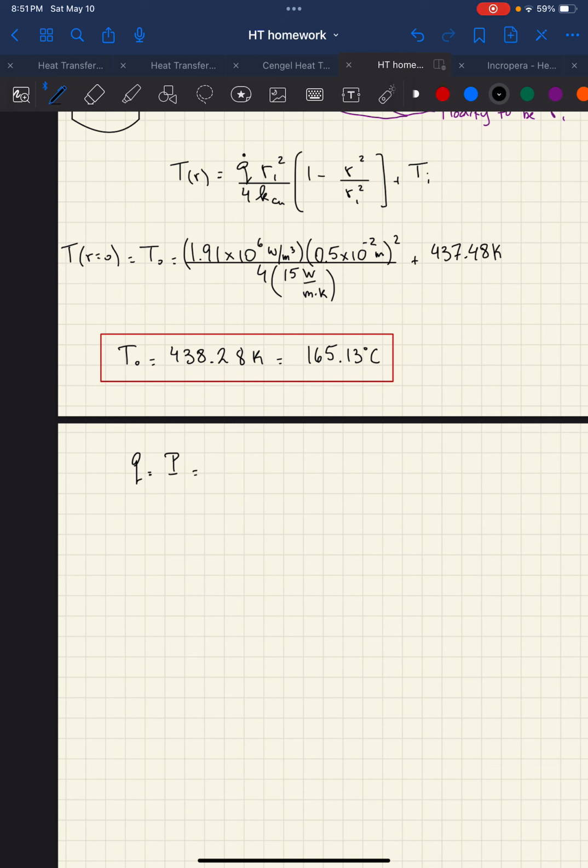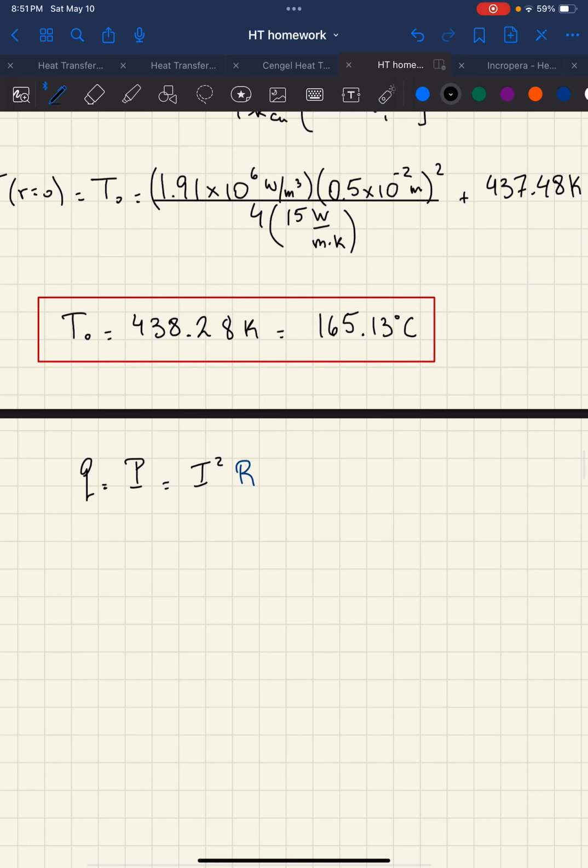What is power? It's I squared R, I squared times the resistance. Now they give you the resistance of the conductor, but they don't give it to you in ohms. They give it to you in ohm per meter. So maybe what I could do is write this in a different color. They give you resistance, and I'll put the subscript ohm per meter. In order for this equation to work, you need the resistance in ohms. So you need to multiply by the length of the power cable.